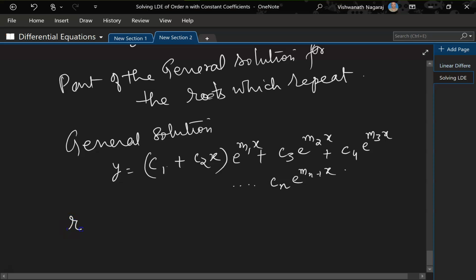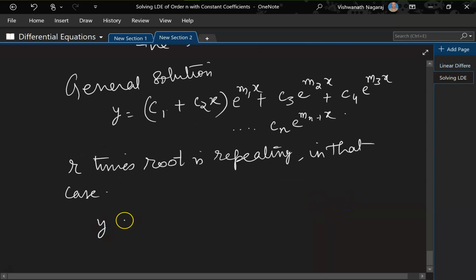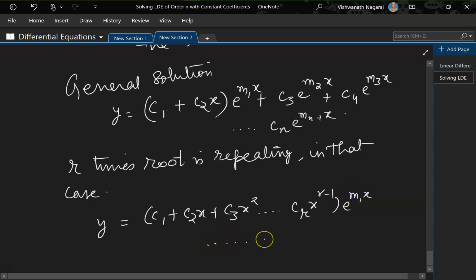Now this was the case when two roots were repeating. When, let's say, r times a root is repeating, in that case the general solution would be y is equal to c1 plus c2x plus c3x square, up to cr x to the power of r minus 1, times e to the power of m1x, and then you will have the other terms.